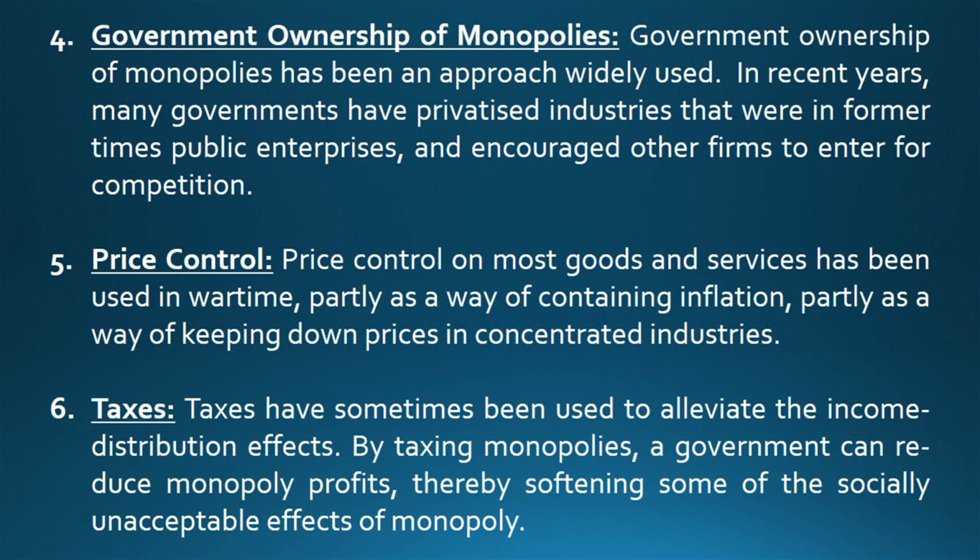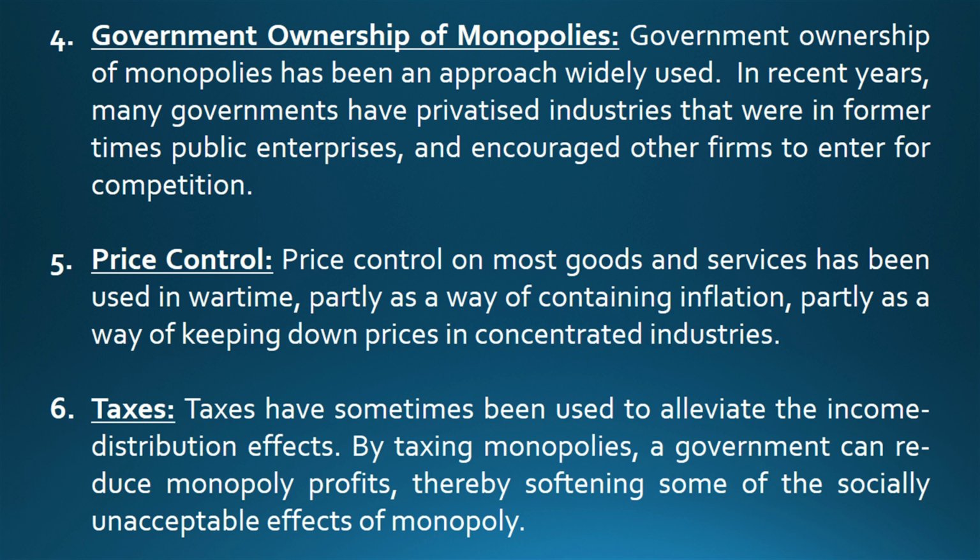4. Government ownership of monopolies. Government ownership of monopolies has been an approach widely used. In recent years, many governments have privatized industries that were in former times public enterprises, and encouraged other firms to enter for competition. 5. Price control.